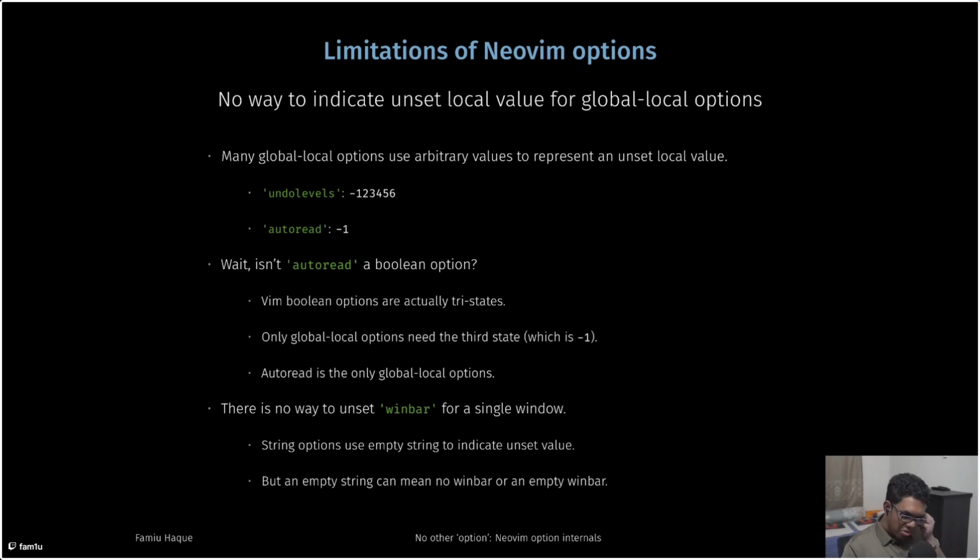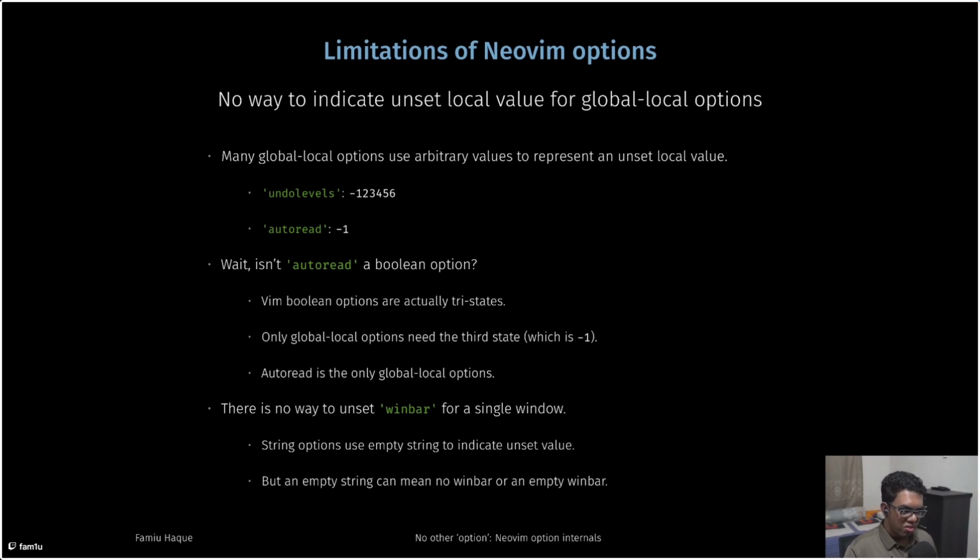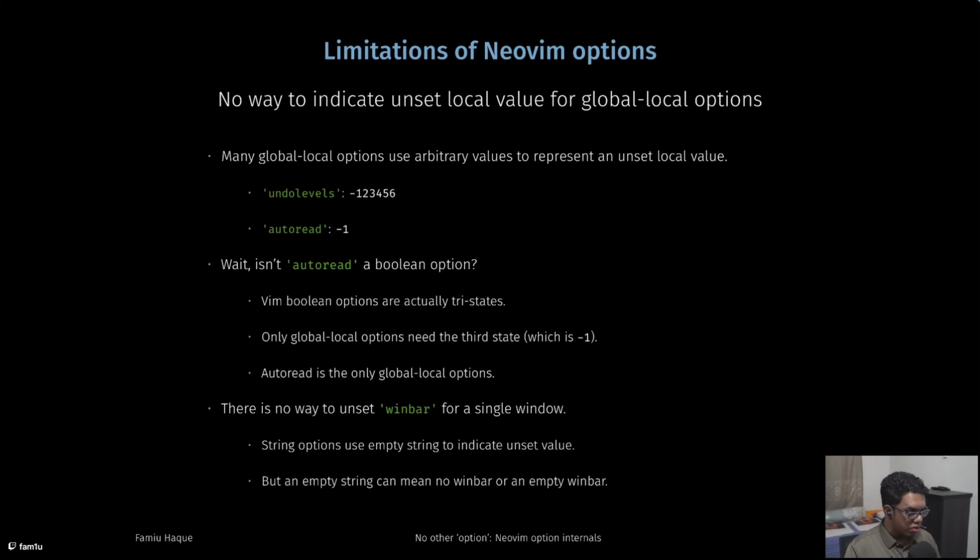So the behavior we decided is that when the global value is empty, it disables winbar for all windows. But when the local value is empty and there's still a global value, we just use the global value instead. So we can't disable winbar for a single window, which I know is annoying. I find it annoying myself. I've wanted to fix it for a while, but unfortunately, with how options are structured, there's no way to fix it yet.